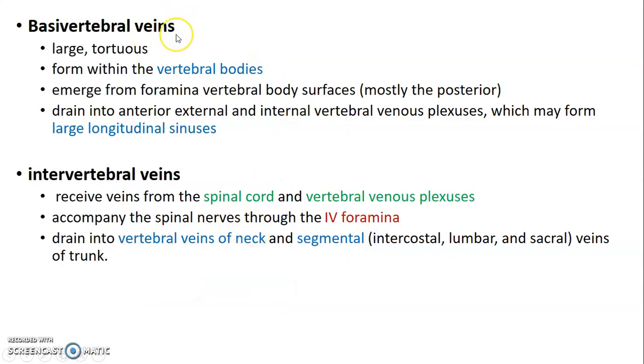Then, of note, we have the basivertebral veins, which are large and tortuous veins of the vertebral bodies. We have intervertebral veins. These receive blood from the spinal cord and the vertebral venous plexuses. They accompany the spinal nerve through the intervertebral foramina and they drain into vertebral veins of the neck and segmental veins. Vertebral veins will drain into intercostal, lumbar, and sacral veins, all those segmental veins.